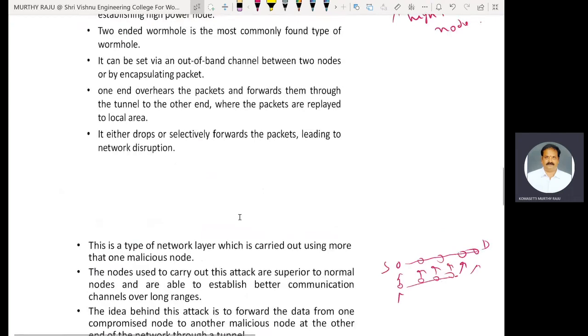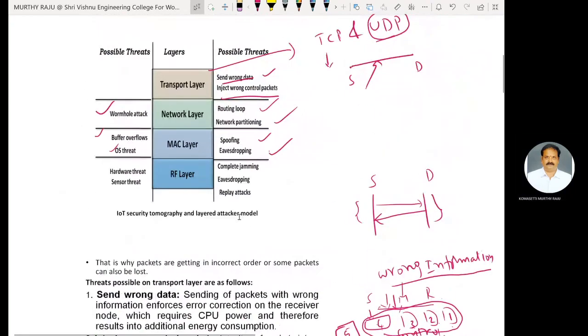These are the threats: buffer overflow, operating system threat, spoofing, eavesdropping.